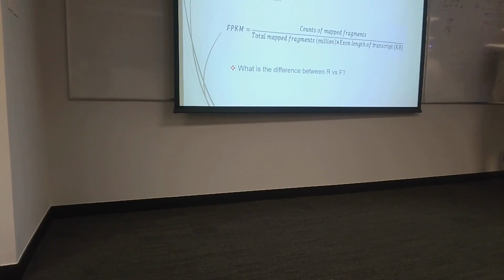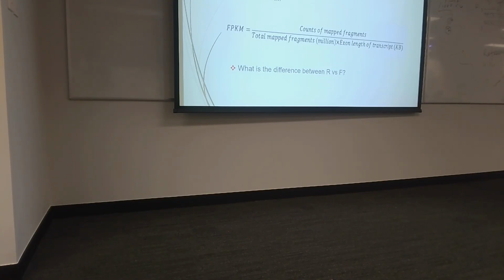Therefore, people designed a method, for example, using the following formula to quantify the expression level of a given gene, named either FPKM, based on fragments per kilobase per million mapped reads, or RPKM, reads per kilobase per million mapped reads.